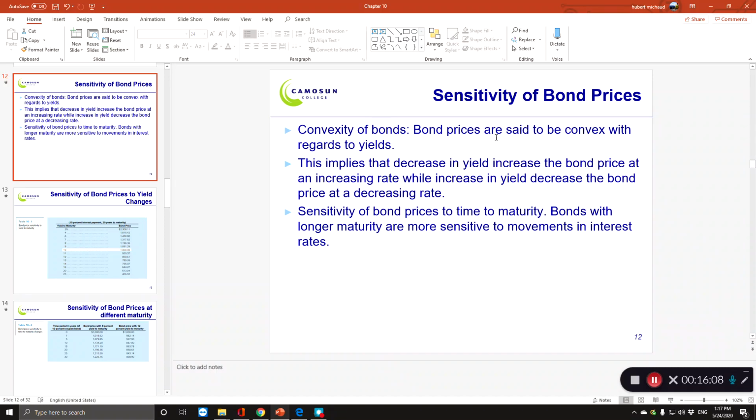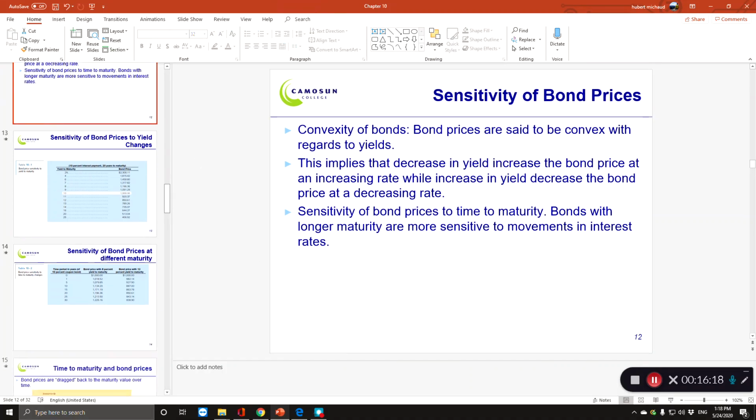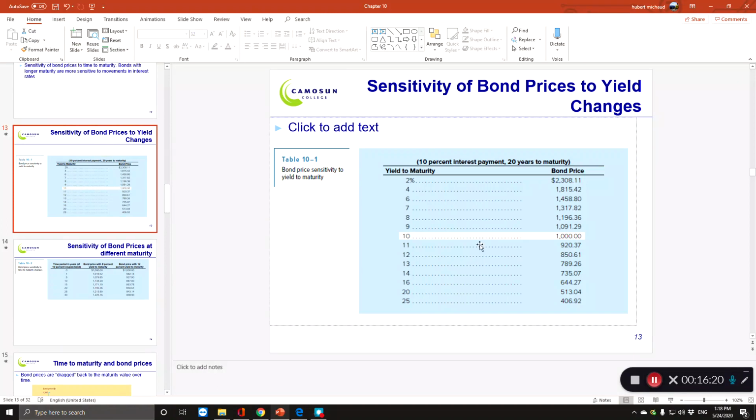Okay. I want to talk about the sensitivity of bond price with regards to different things. Okay. I'll leave the slide here, but I won't use the slide because I think it's a bit more obvious to see other places. The first one I want to talk about is the convexity of bond prices. Okay, bond prices are said to be convex.